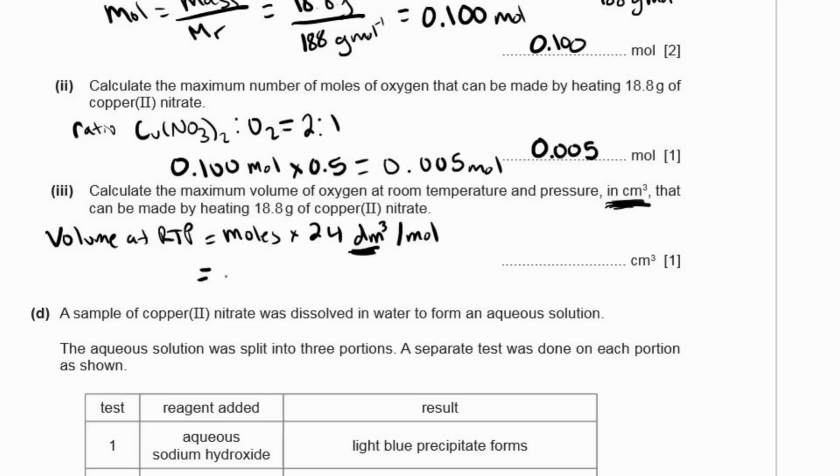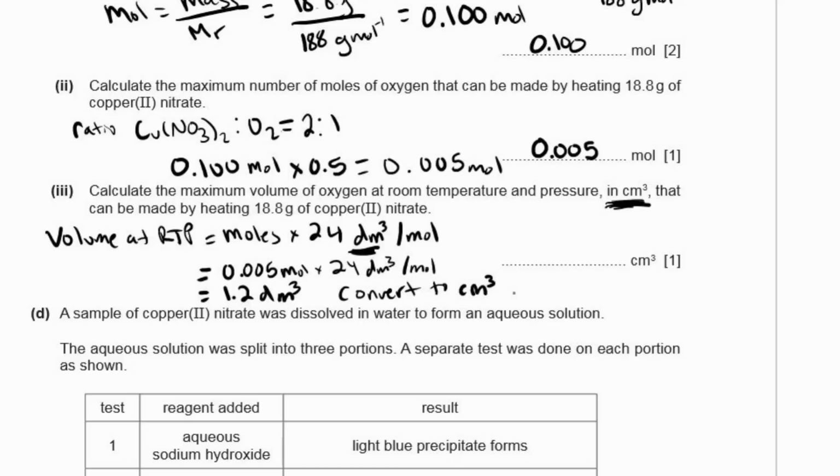Okay, so that is 0.005 moles times 24 decimeters cubed per mole gives you 1.2 decimeters cubed. Now you need to convert that to centimeters cubed, which you could do in this original equation.